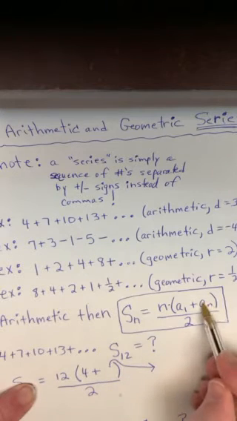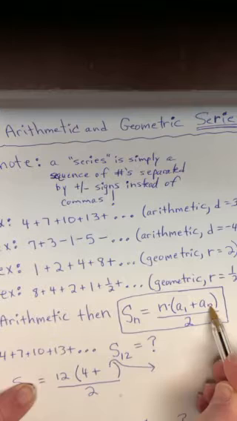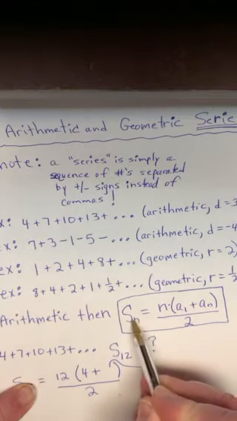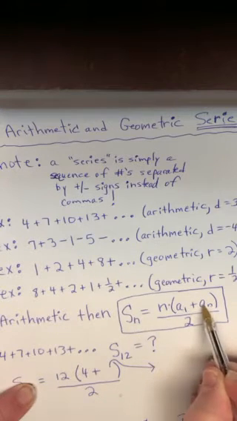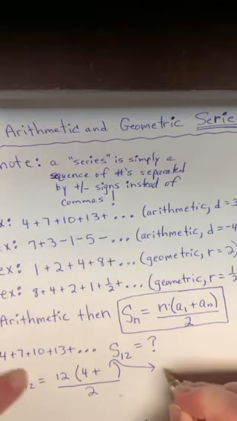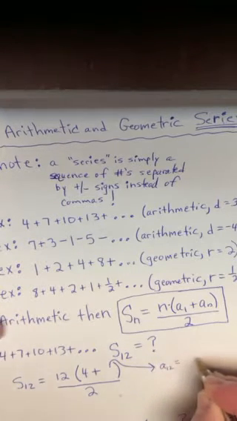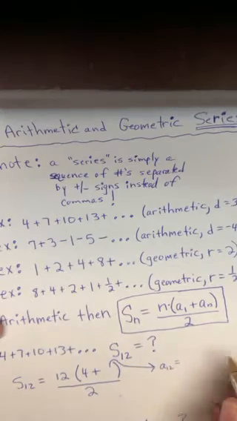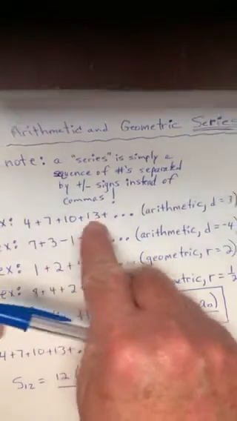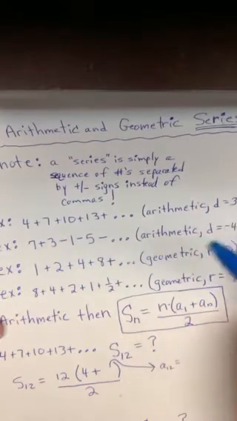It says a sub n. So since n is 12, what is a sub 12? I have to figure out what the 12th term of that series is going to be.